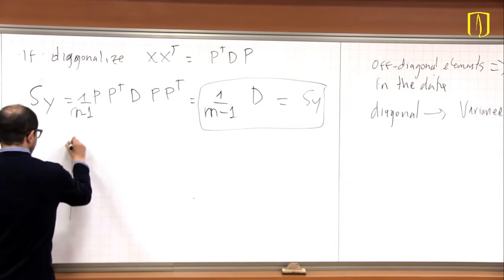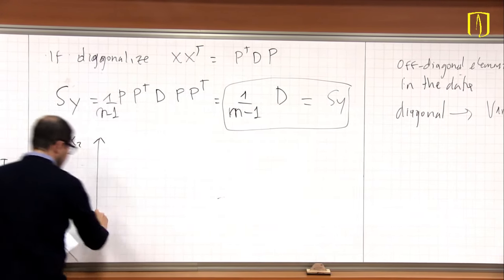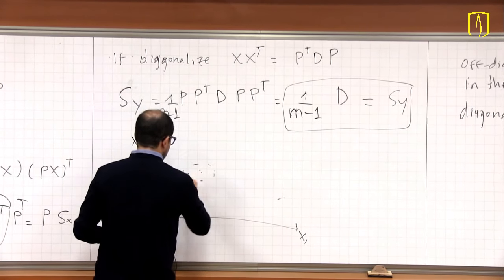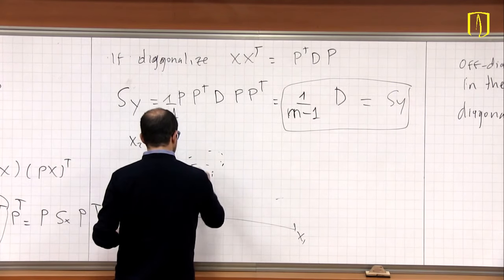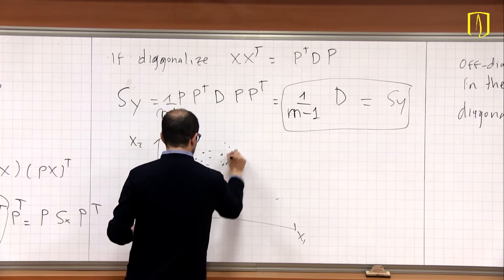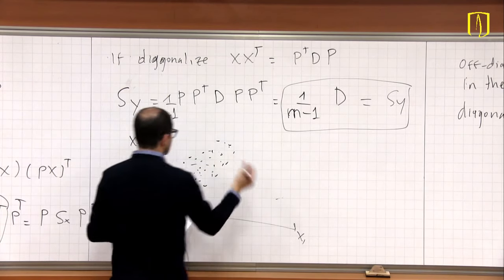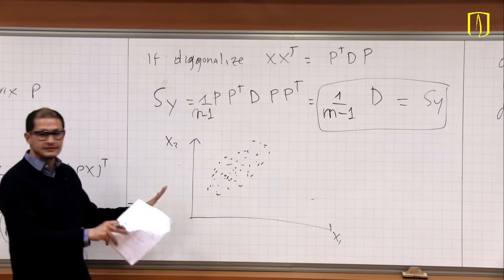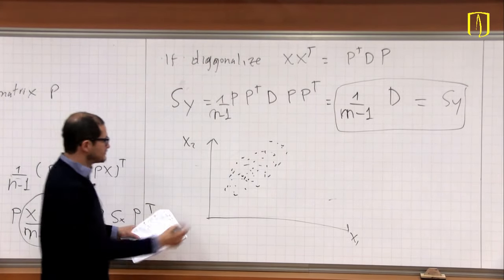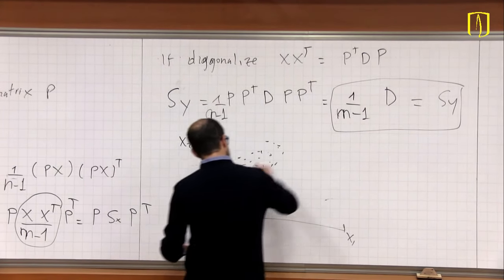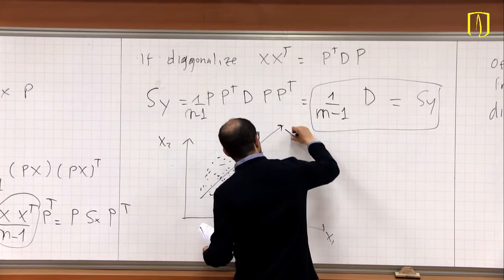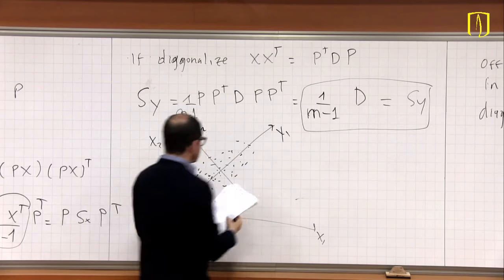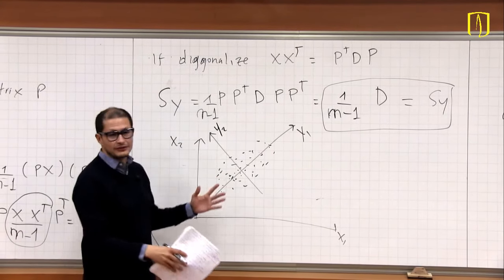Let's say we're in 2D, x1, x2, and let me plot my data set. So let's say that my data set looks like this. If you do PCA on this two-dimensional data set, you would find different axes, y1 and y2, such that the data looks the most uncorrelated.